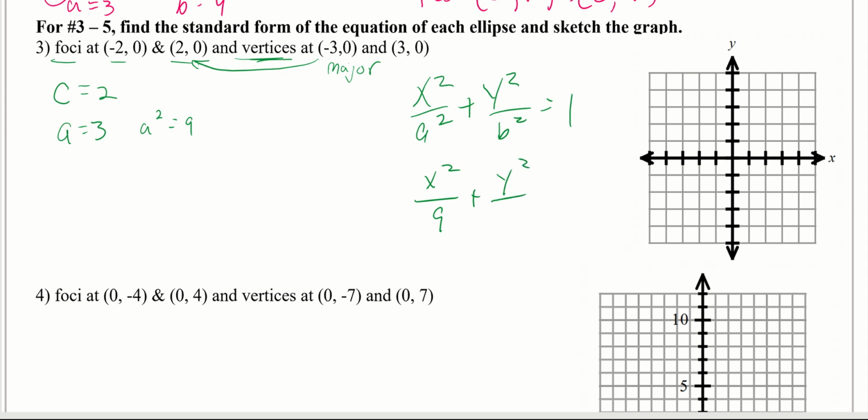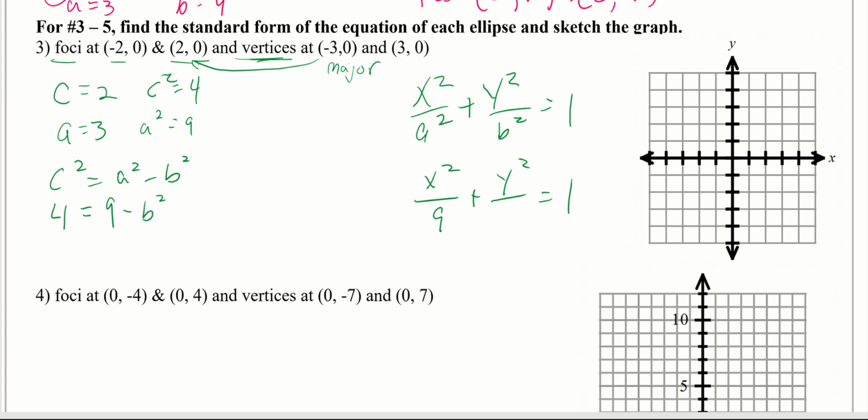And now, in order to get my B squared value, I do need C squared, which in this case is going to be 4. So I use the equation C squared is equal to A squared minus B squared, or as we talked about last problem, the major minus the minor. So C squared is 4, and our major axis here is 9 minus B squared.